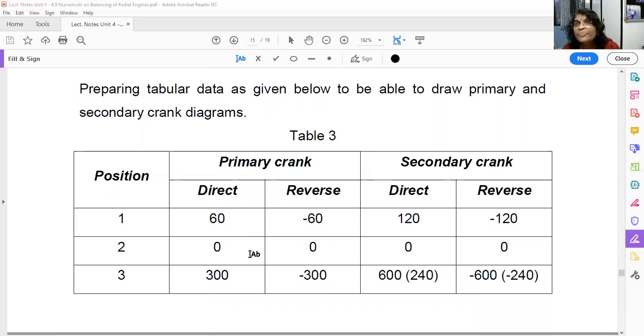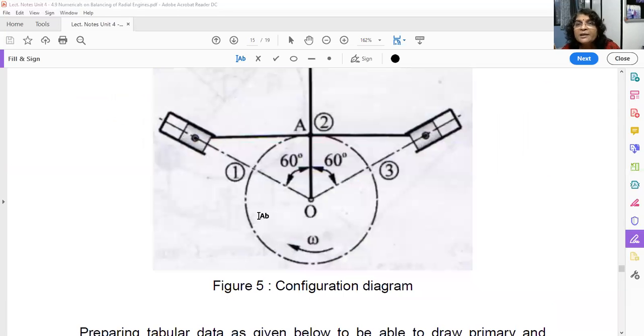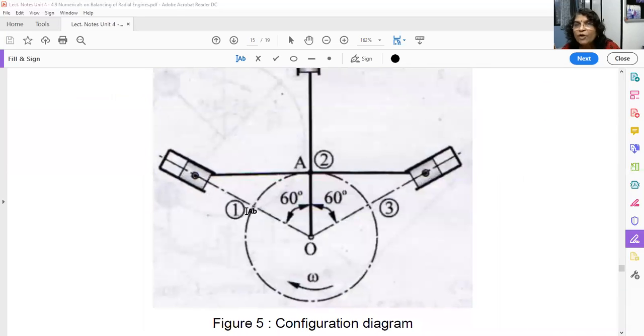What you have to do is bring m/2 from the line of stroke of all 3 cylinders and keep it at the crank. For cylinder number 1, here is the line of stroke. The direction of rotation of omega is clockwise. I have to bring this m/2 and keep it here. What is the angle by which I should rotate this? 60 degrees.